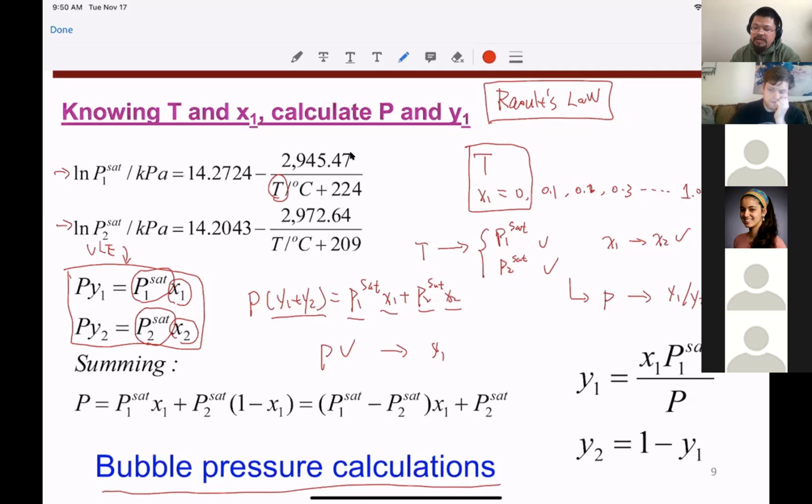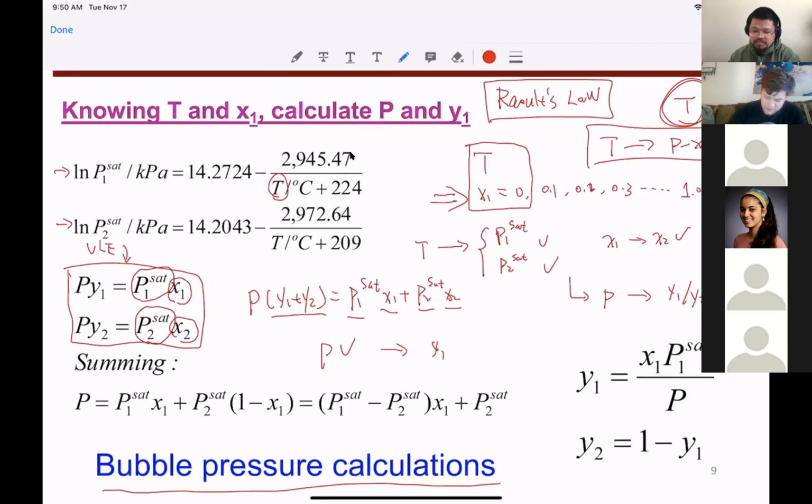And if I simply give you the temperature and a system of interest, you should be able to repeat those calculations and figure out the complete PXY diagram. So knowing the temperature, we are able to calculate the PXY diagram.